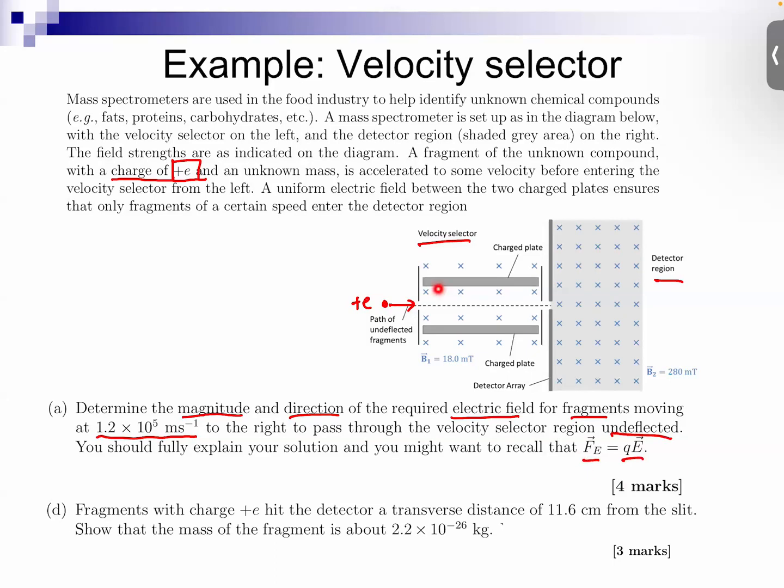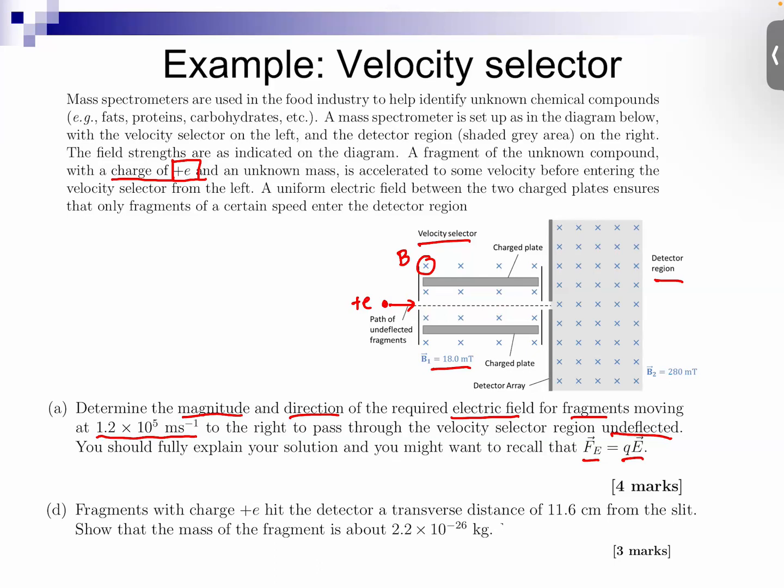We know that you have this moving charge. It will enter this magnetic field region. This X indicates that there's magnetic field there. The magnetic field is 18 millitesla as given. So we know that there is some magnetic force that this moving charge will experience when it enters this magnetic field region of the velocity selector.